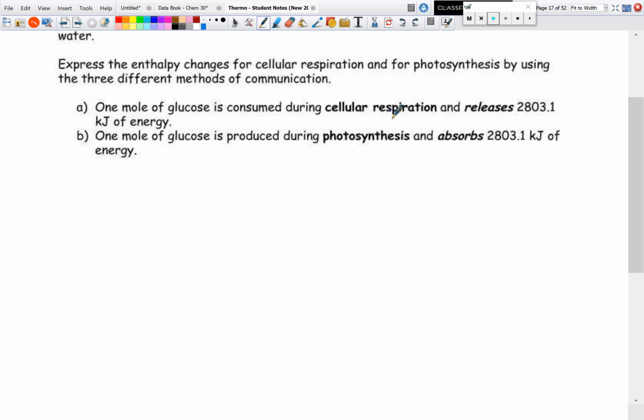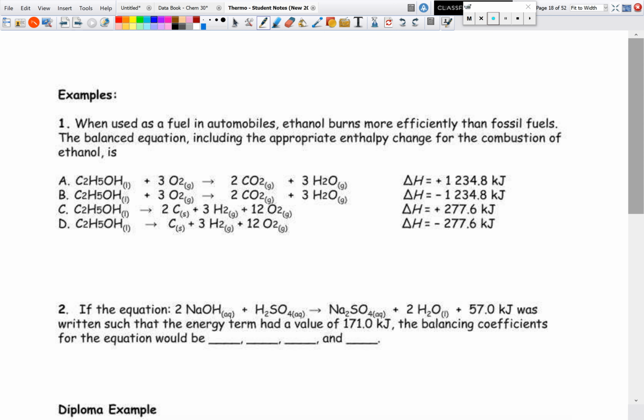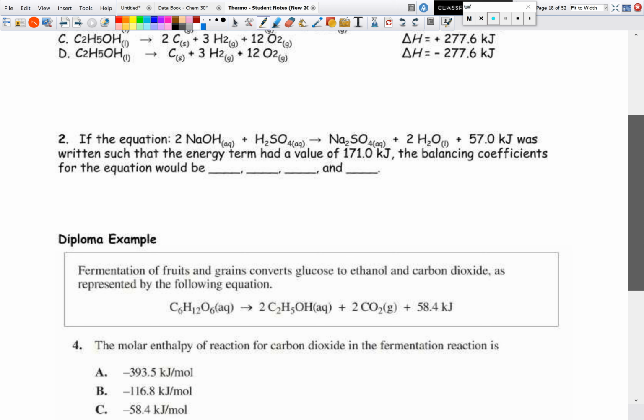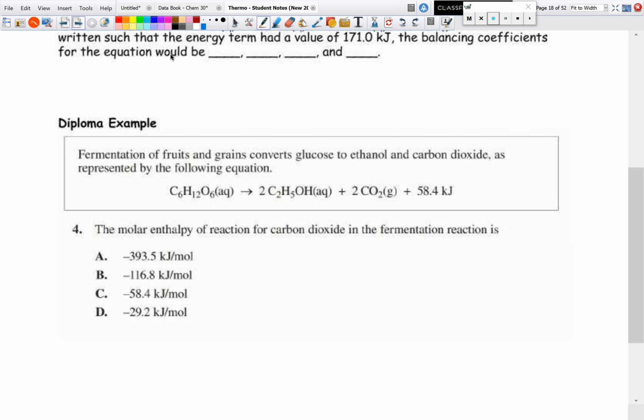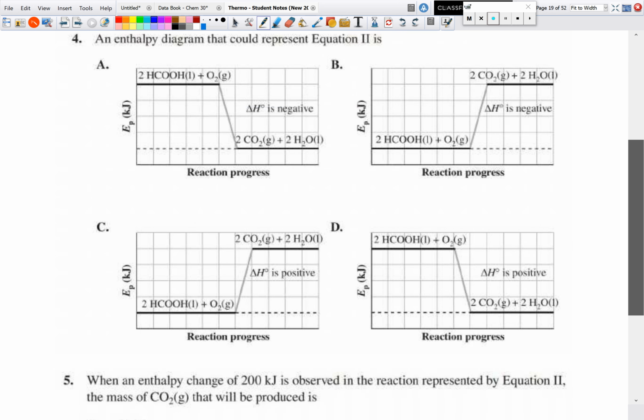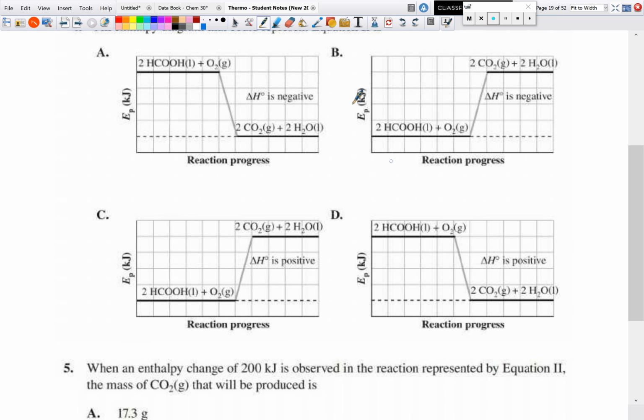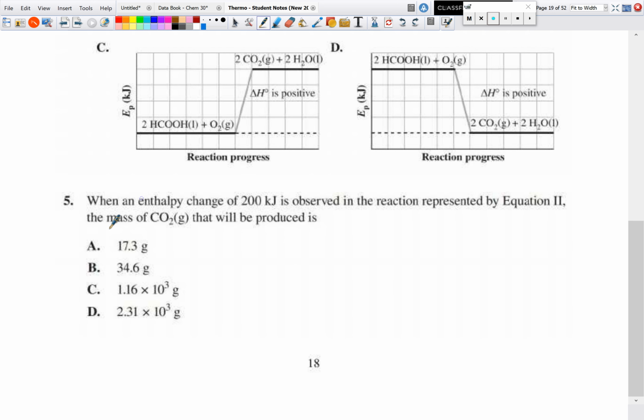And the next few pages as well, you will notice that there are a bunch of questions like another example here, another example here, and of course an old diploma question here, and another diploma question here, where we talk about actually seeing the diagrams, and even another one here, where we have 200 kilojoules of energy absorbed in a reaction represented by equation 2.